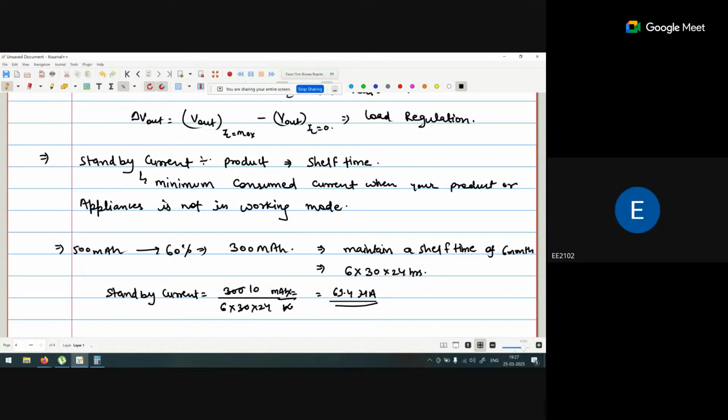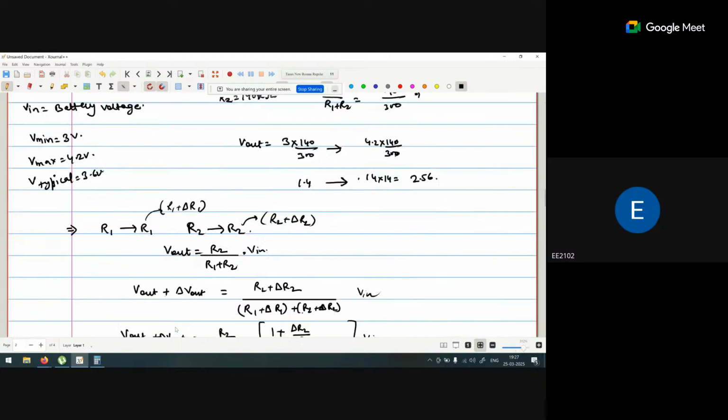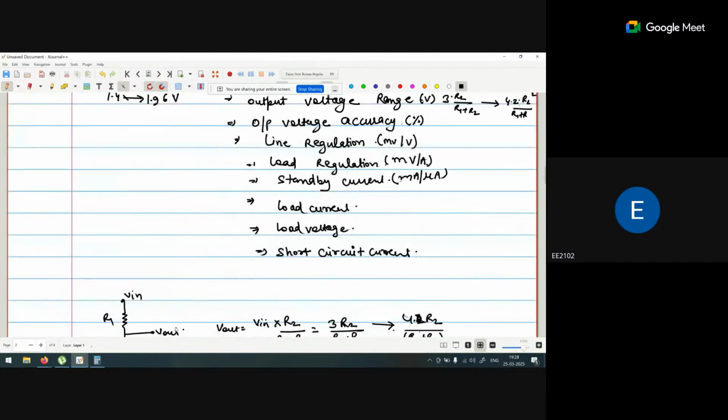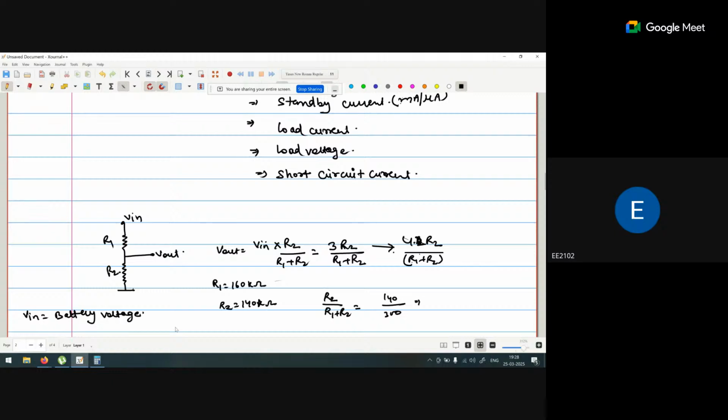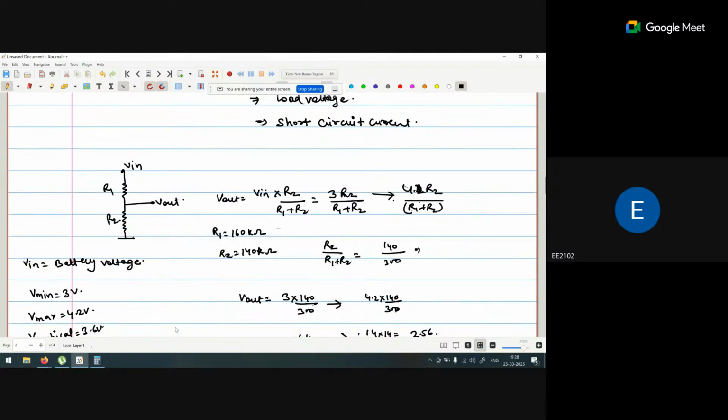Now, which parameters remain? Load current, which we already calculated, load voltage, already calculated, and short circuit current.